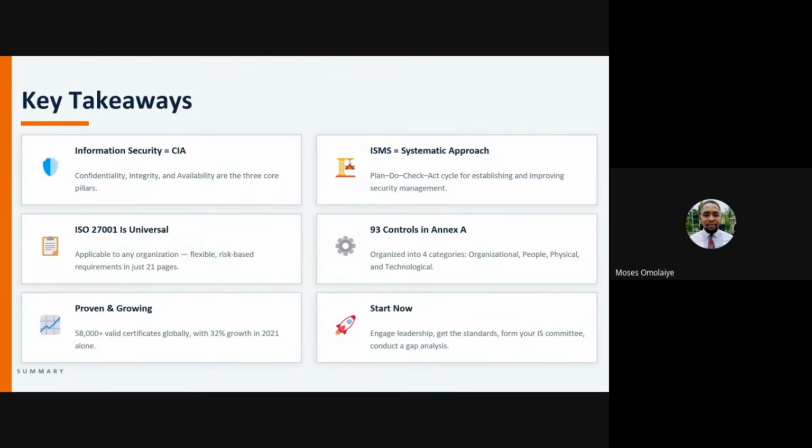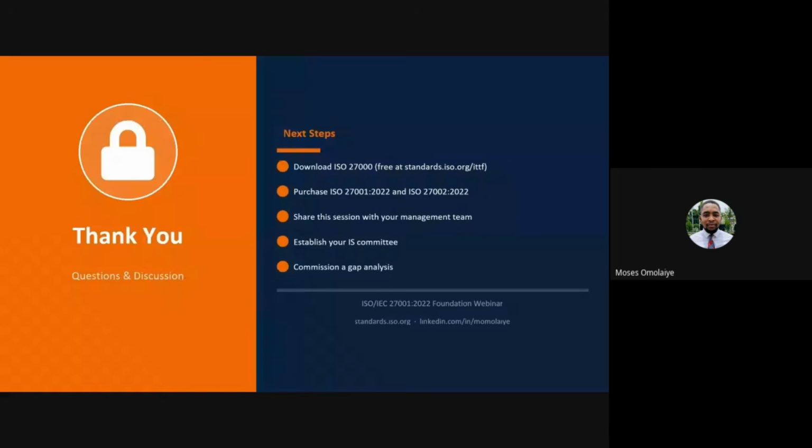And then the ISMS is a systematic approach. We spoke about the plan, do, check, act cycle. It's systematic, it's not random. Then we have 93 controls in Annex A across organizational, people, physical, and technological controls. So start now, engage leadership, get the standards, form your information security committee, conduct the gap analysis, and get in touch with Mitigate It Academy to train you.